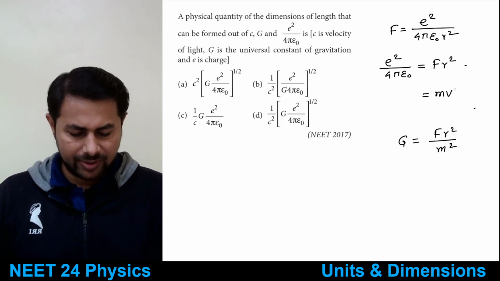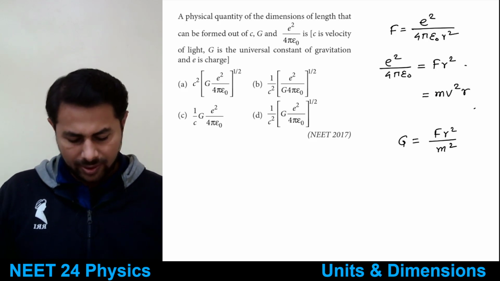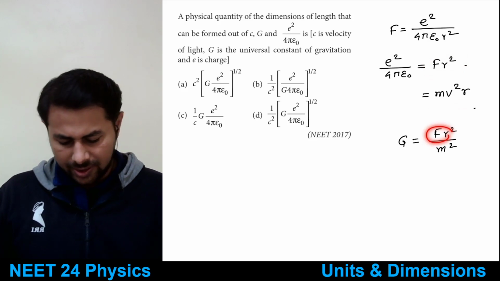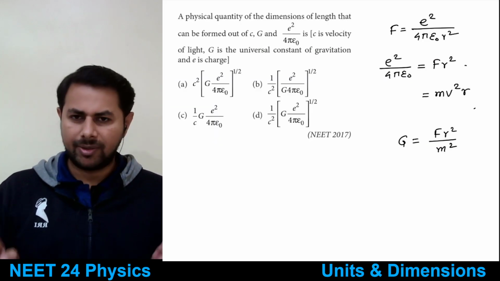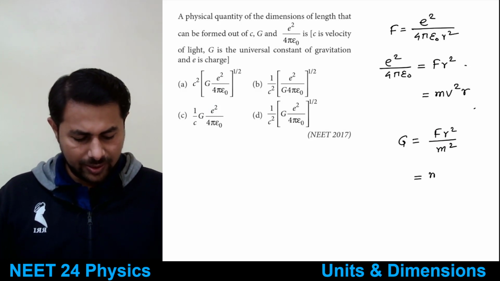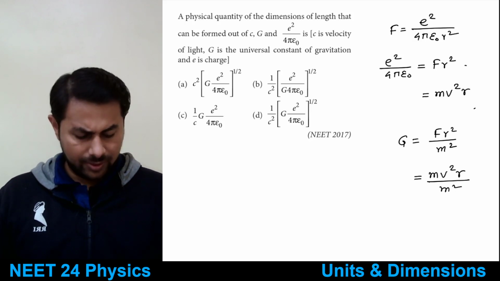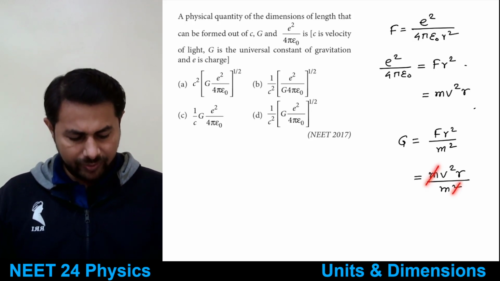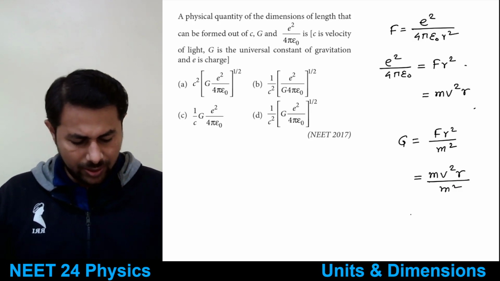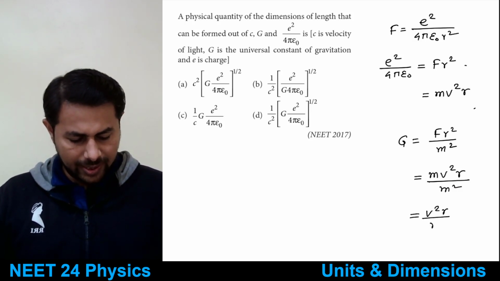Let's write mv square times R. Okay, so this thing is mv square times R, and this thing is what? Again F R can be written as mv square. Okay, so this is mv square times R divided by m square. Okay, and this m gets cancelled out with this square. Okay, and therefore you have v square R by m.